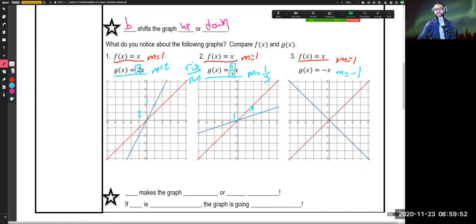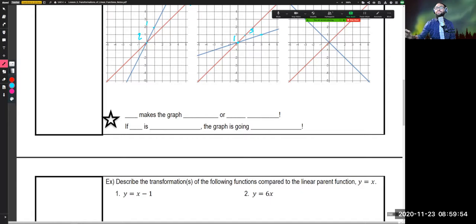Moving on down to this next part, I should write this one out. M, which is our slope, makes the graph steeper or less steep. Oh goodness, that's not how you spell steeper. I'm going to try and write neater.